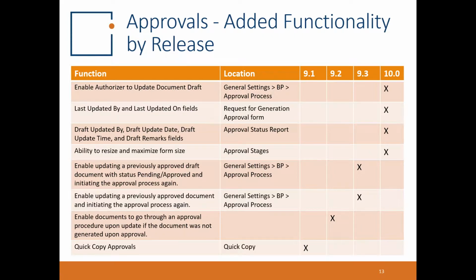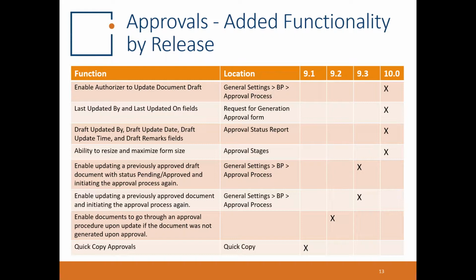And then as we move to 10.0, I really think this is my favorite approval functionality: enabling the authorizer to update the document draft. I hear this question a lot: the authorizer says, I don't want to give them that discount, but if we go down half a percentage, I'm good with that.